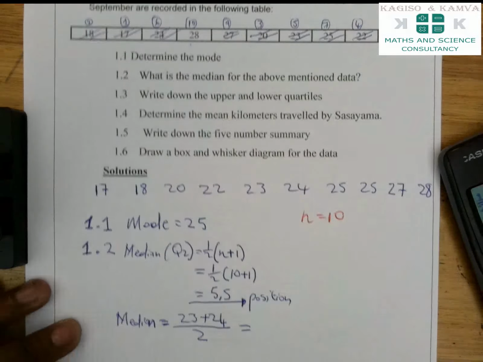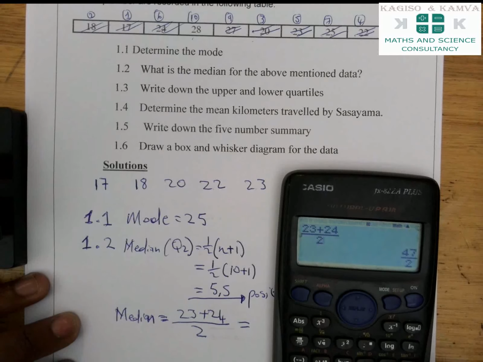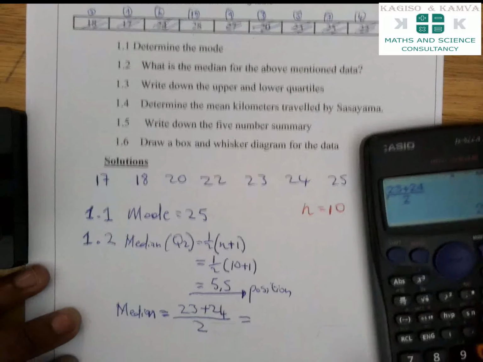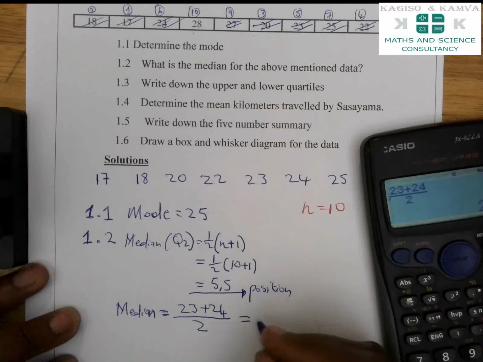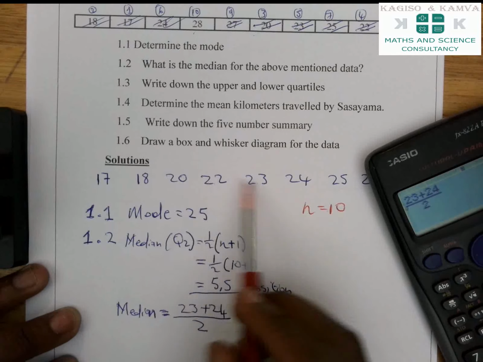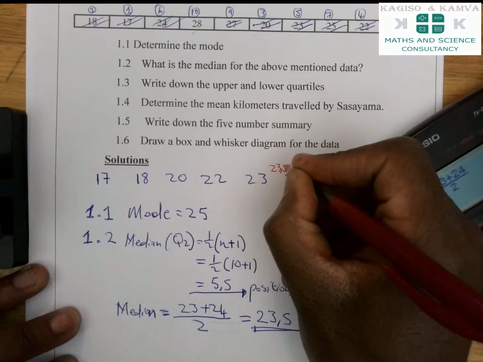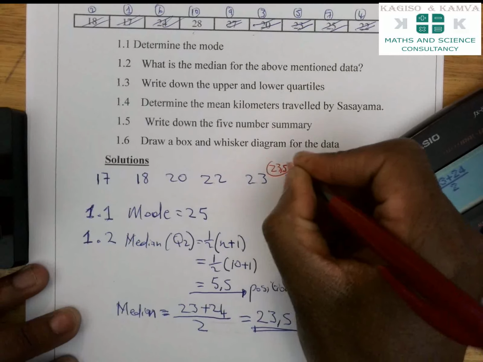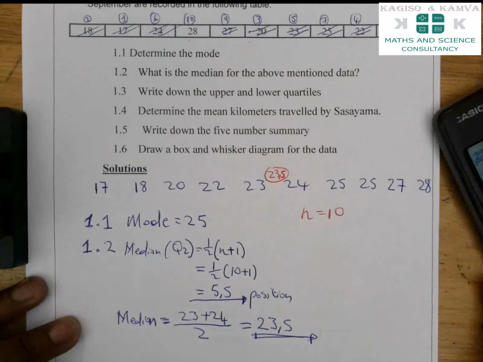So the median is going to be equal to 23.5. This is the value of the median. We have 23.5 there as our median.